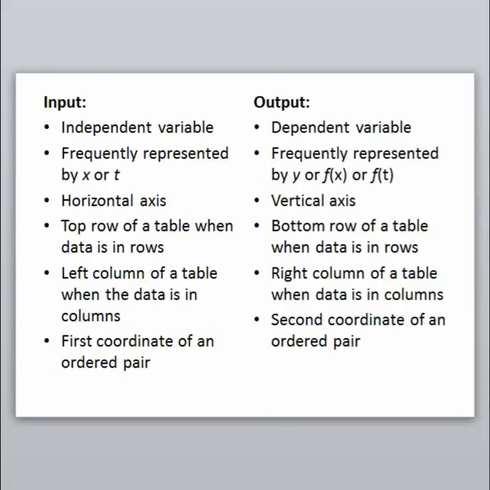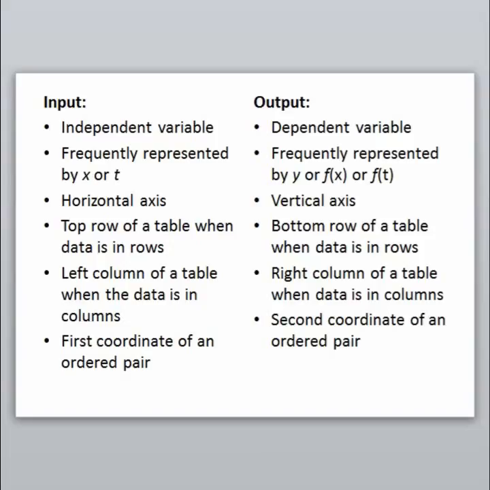On a graph, the input is represented by the horizontal axis, the axis that goes across the bottom, and the output is typically represented by the vertical axis, which goes up the side. If we're using a table, then the input is typically the top row, and the output is the bottom row. Or if our table's in columns, the input is the left column, and the output is the right column.